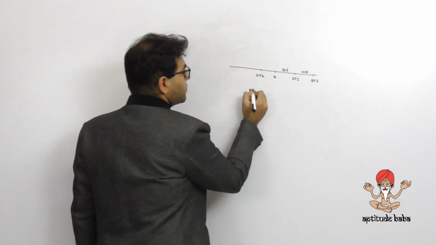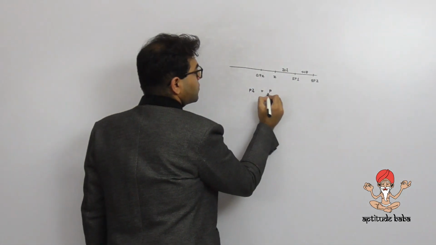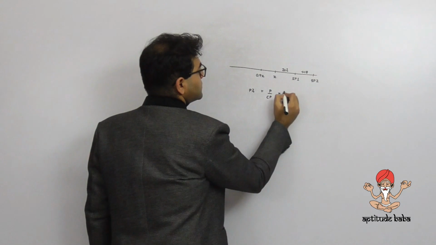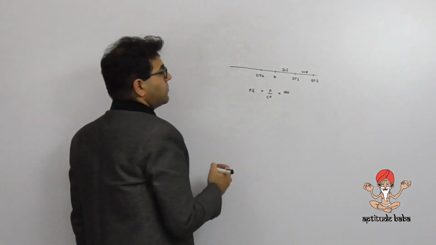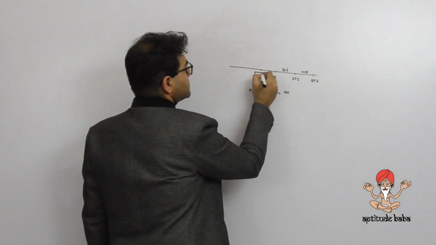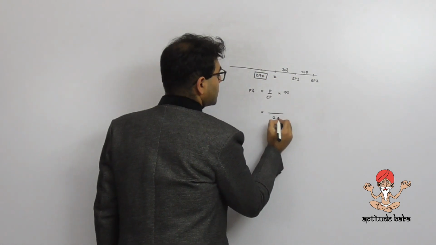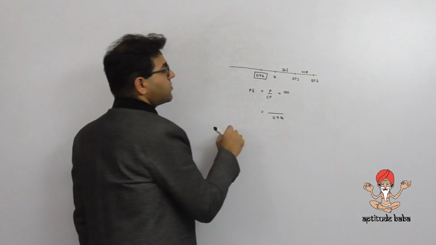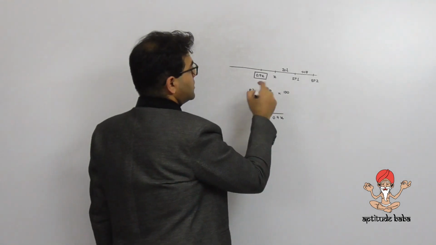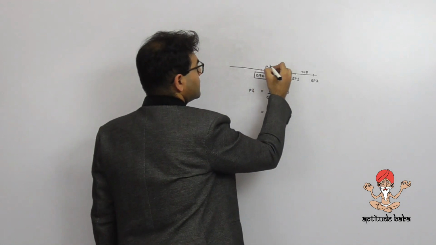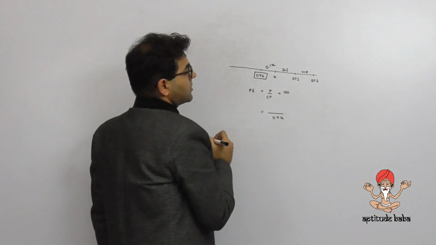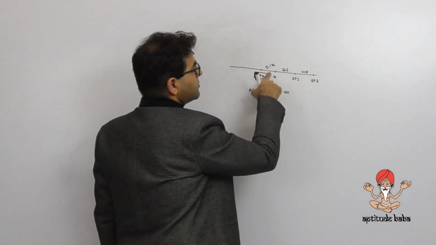I can define profit percentage as profit upon cost price into 100. Okay. Now what is my cost price? My cost price is 0.9 of x. What is my profit? Well, this thing is 0.1 of x. Okay, this thing is 0.1 of x.